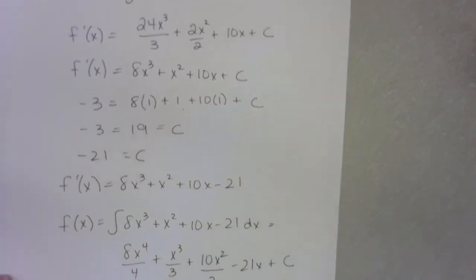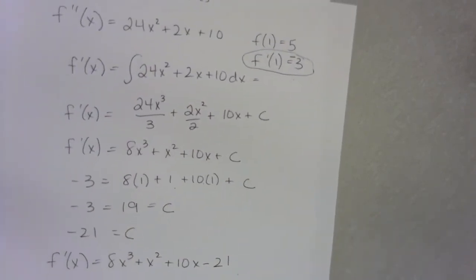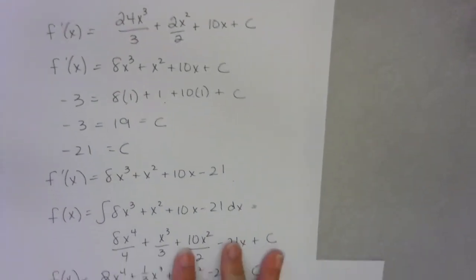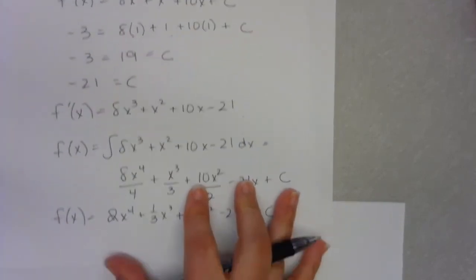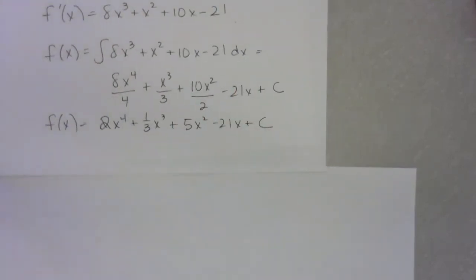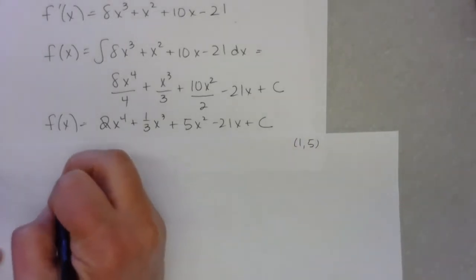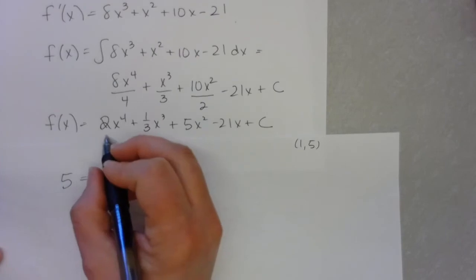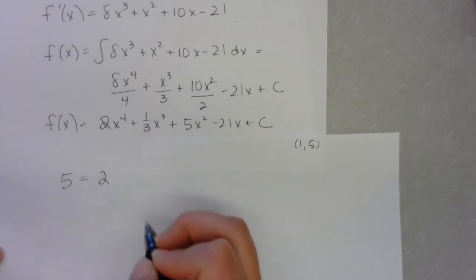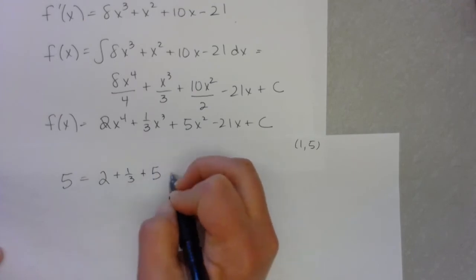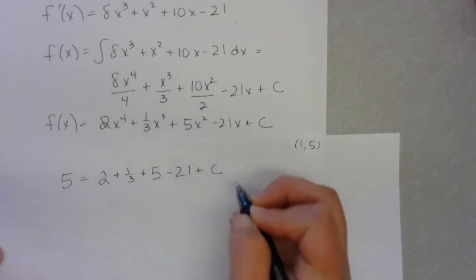Okay, I also know that f of 1 is equal to 5. So now we're going to use this one. We know that the point 1, 5 is on my graph of f. So I can simplify by plugging in. That means 5 is equal to 2 times 1 to the fourth, so that's 2, plus 1/3, plus 5 minus 21 plus c.